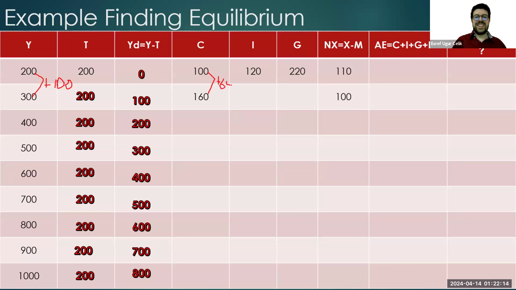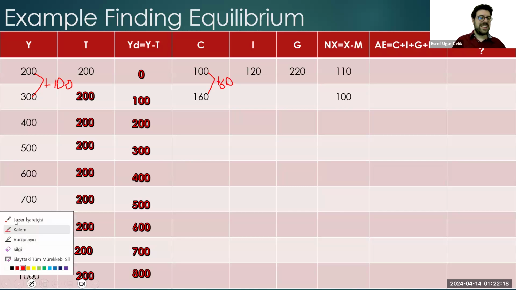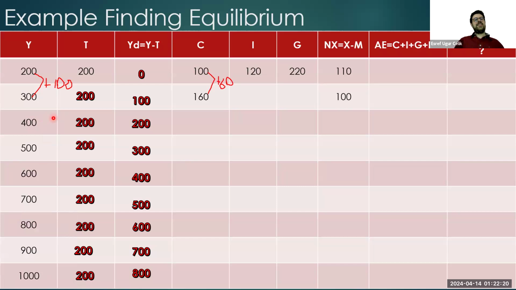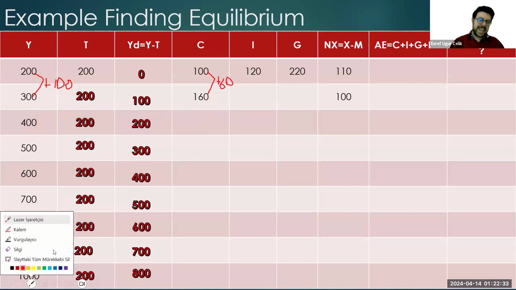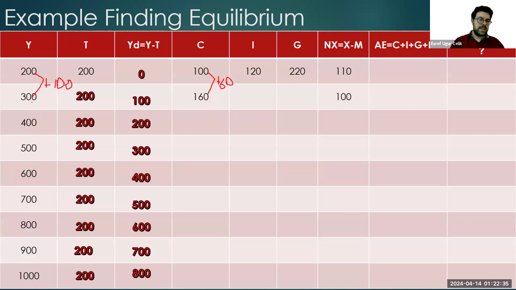Don't forget, I'm not going to write the whole row, just that part. So when income changes by 100, consumption changes by 60. Let's look at that part. Again, I'm going to write to understand easily.